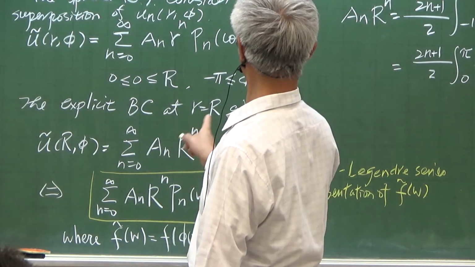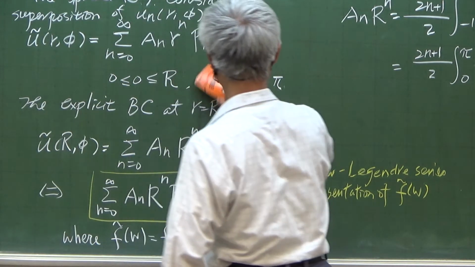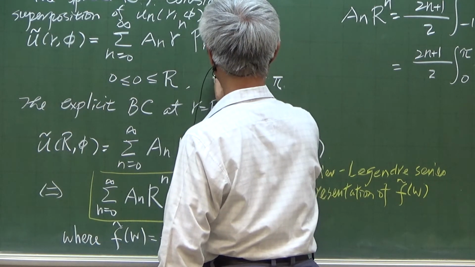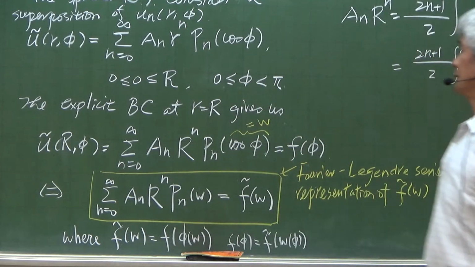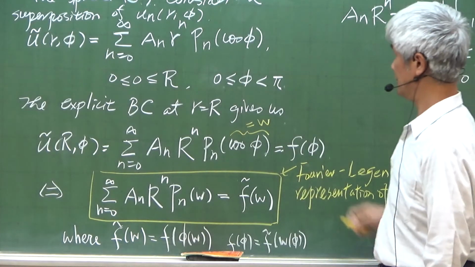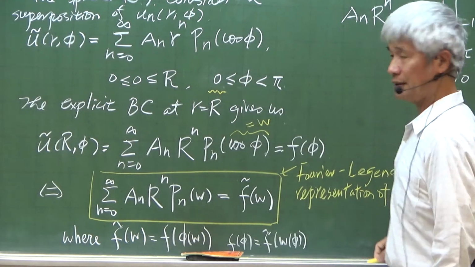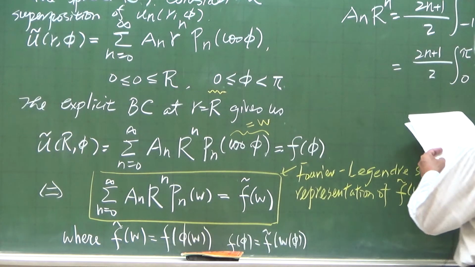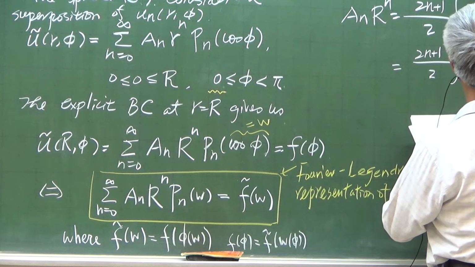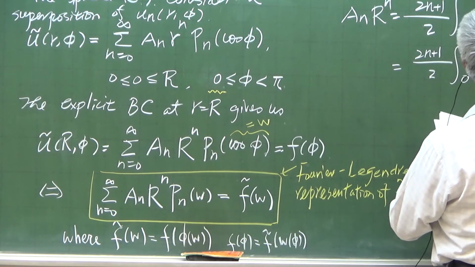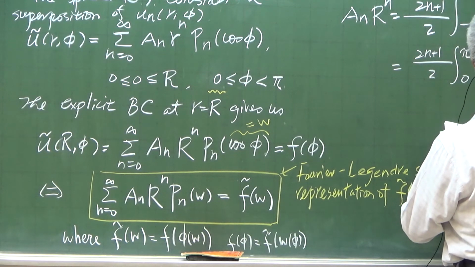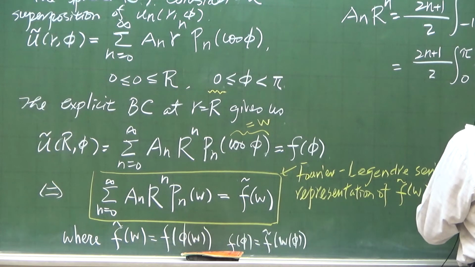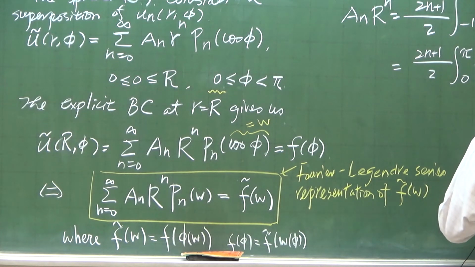Sorry, from 0 to pi, I'm sorry. So this corrects the error here. So from 0 to pi, and this is F of phi, Pn cosine phi, and sine phi d phi.